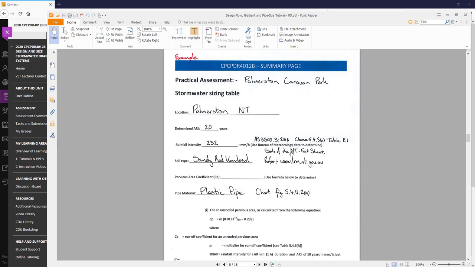We've also used the government website for the soil for the Palmerston area, which is a sandy red Kandosol. You can go to the website, www.lrm.nt.gov.au, and look that up. And here we've noted that it's plastic pipe we're using.